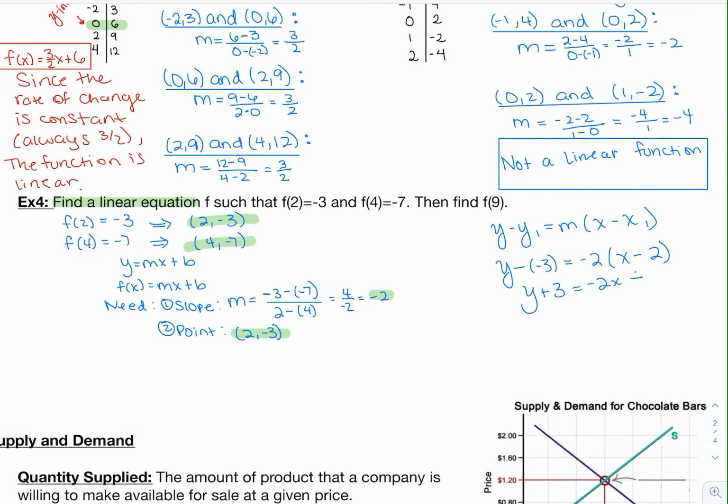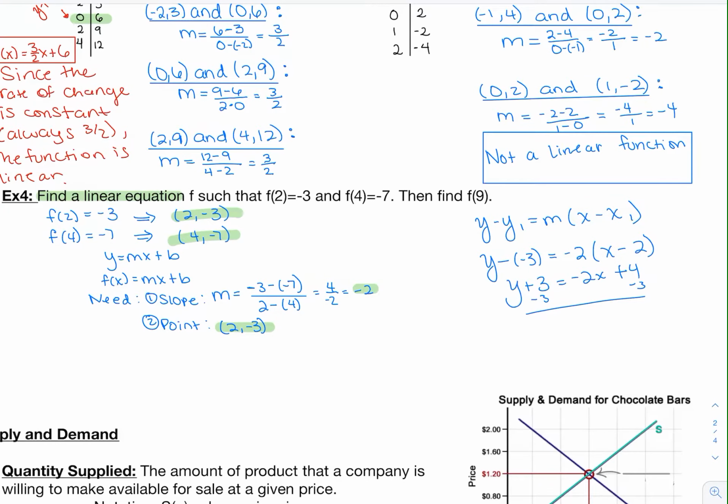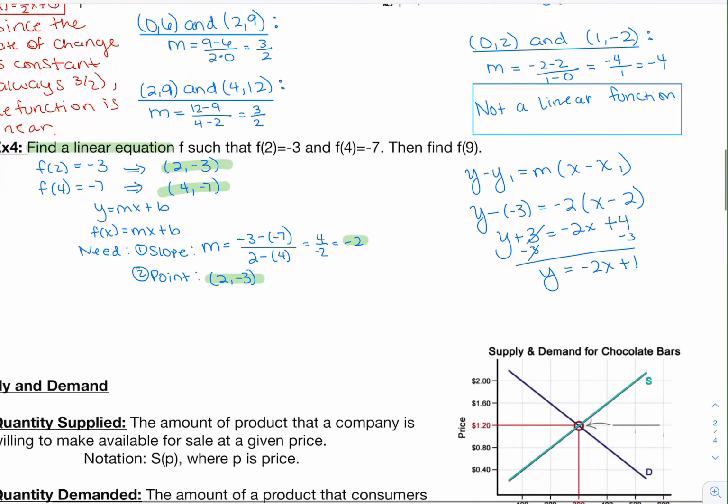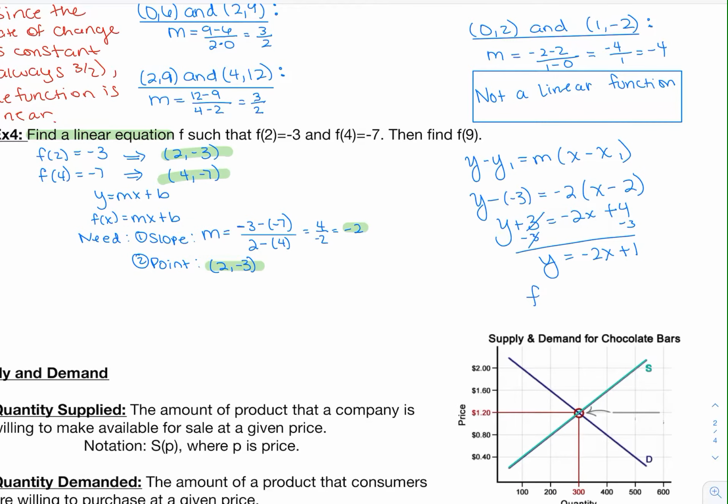And all we have to do now is simplify. And that gives us the equation of our line. And then again, just because we're dealing with functions, we are going to write it as a function.